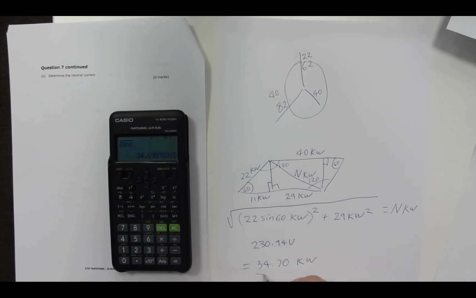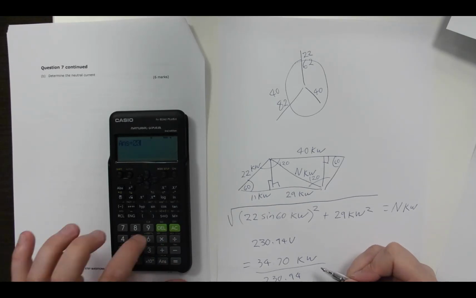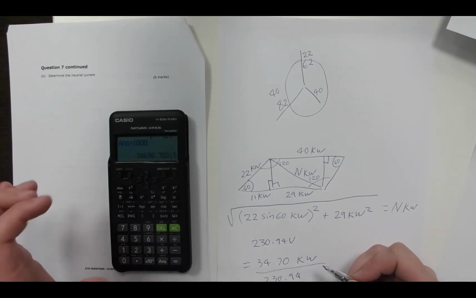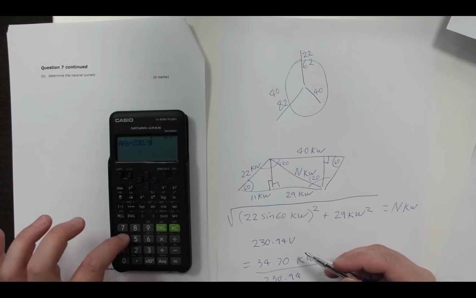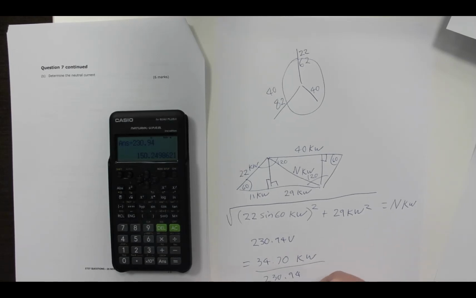And now we divide that, multiply it by 1,000 first so that we're getting watts, and then divide by 230.94, and we end up with 150.249, so 150 amps.